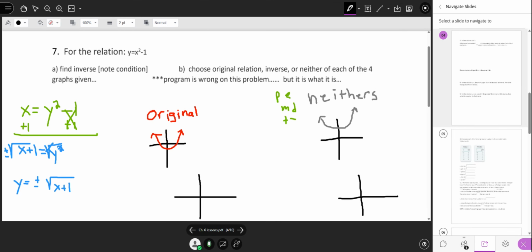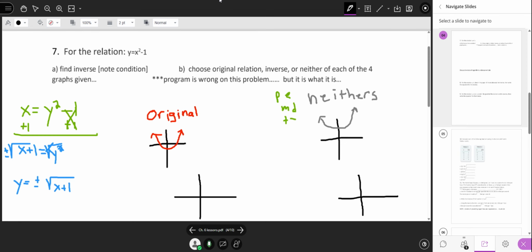The original would show up like this. The neither that looks like the original. Notice the original is below the x-axis. The neither is above the x-axis.